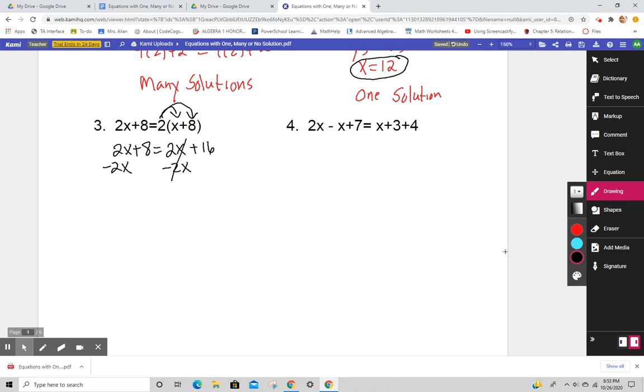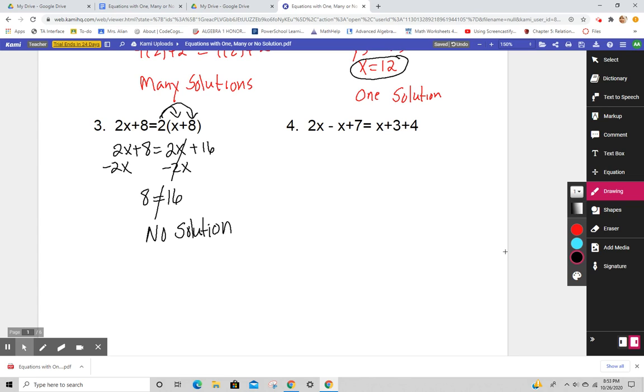And this will give us no x here. It's gone. And it's gone from here. So that'll give us 8 equals 16. Now that doesn't make any sense, because 8 does not equal 16, and this is the case where there is no solution. When it doesn't make any sense like this, that means there is no solution.